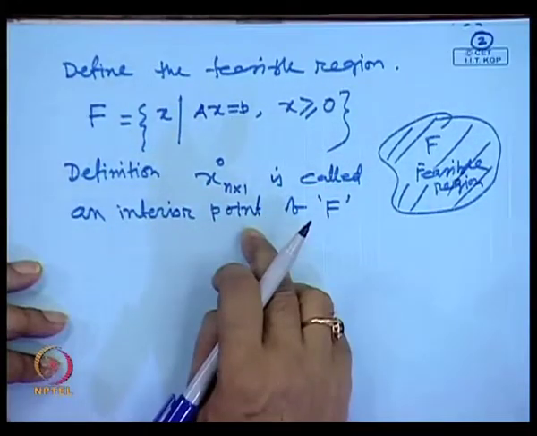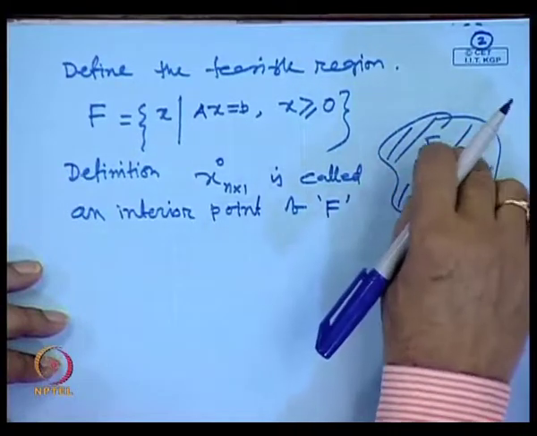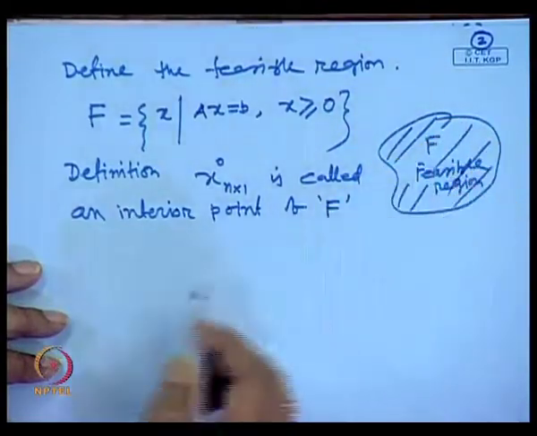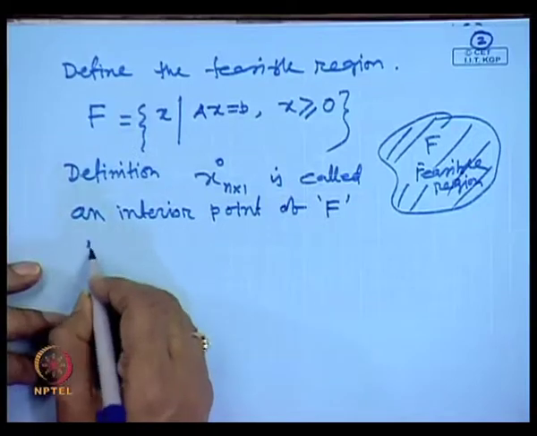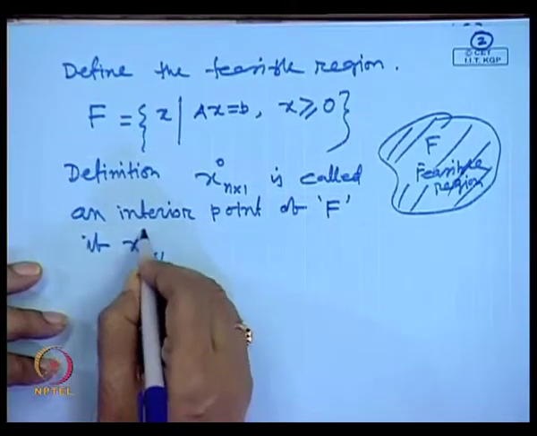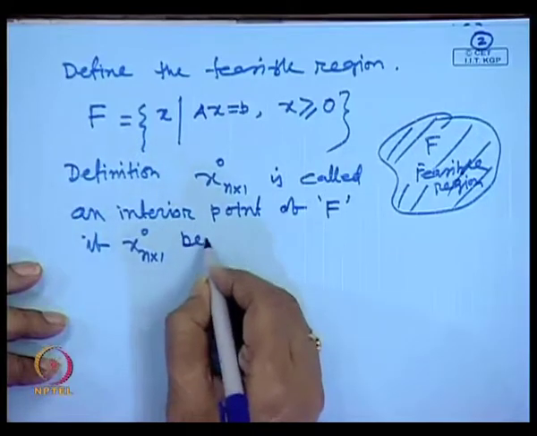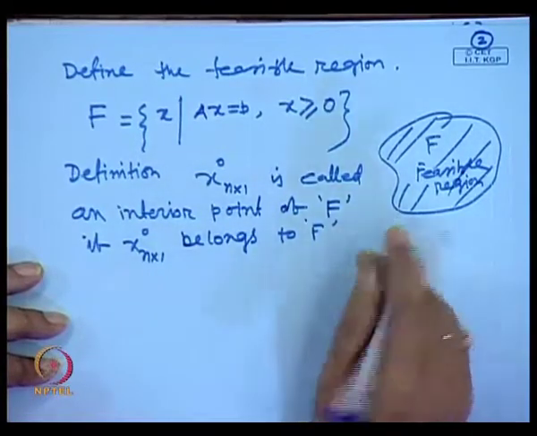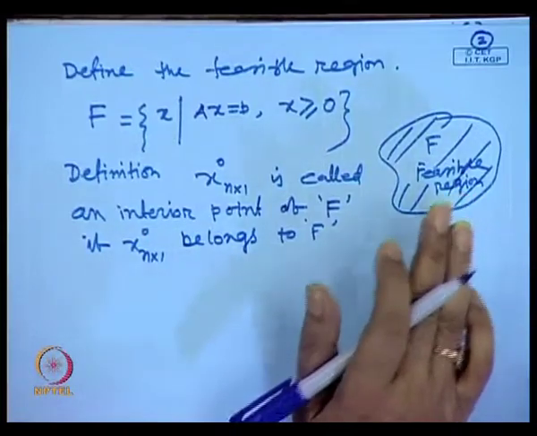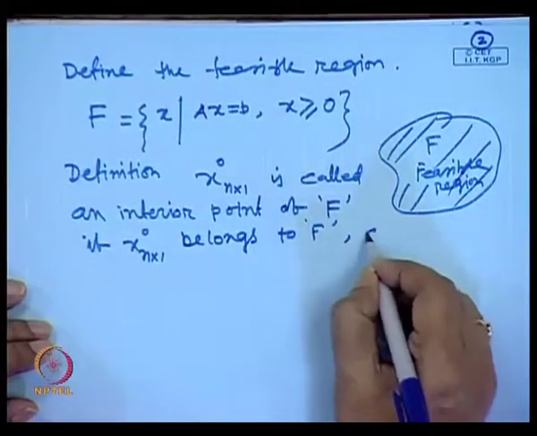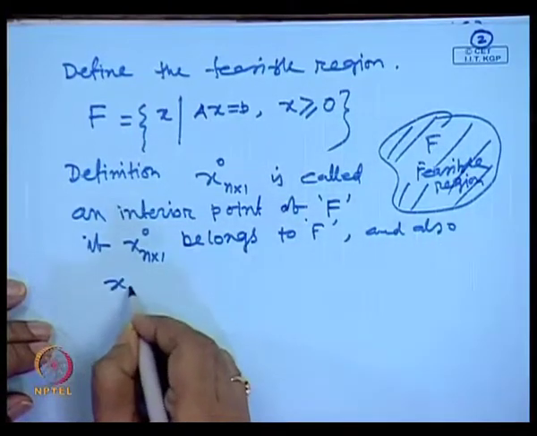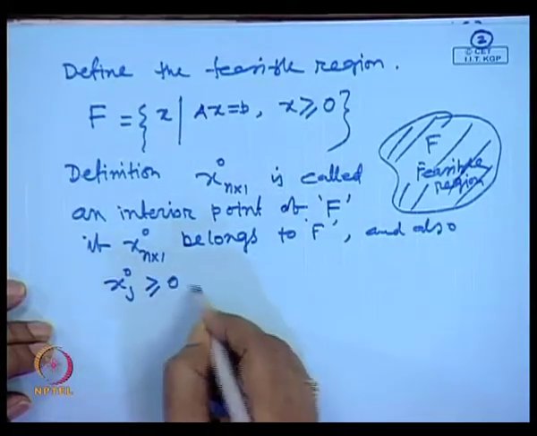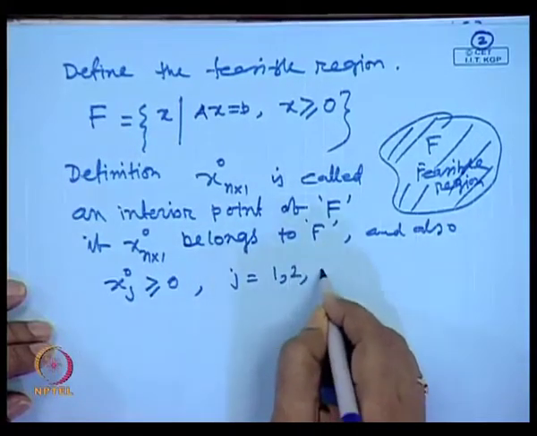This means any point inside the feasible region is an interior point of F if x superscript 0 belongs to F, and not only this, every component of x must be greater than 0, that is x_j superscript 0 is greater than 0 for j equal to 1 to n.